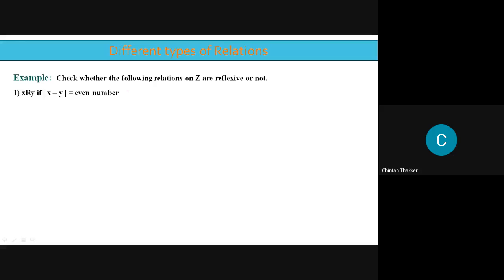This is also written as (x, y) belongs to R if |x − y| equals an even number. The question can be given in this form also.